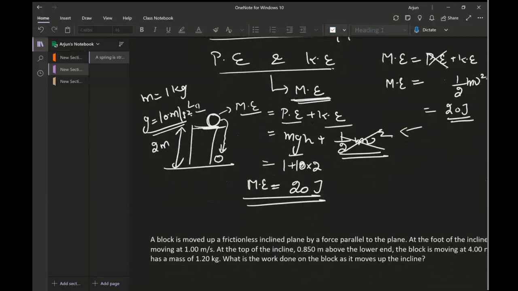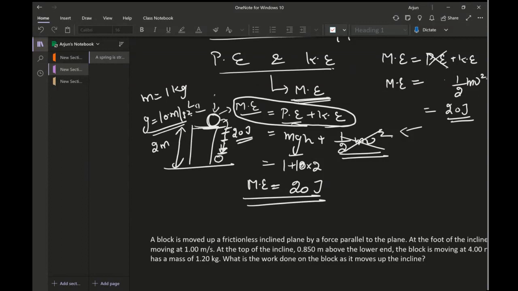If I wanted to know the mechanical energy at the midpoint, and if there are no losses, then the mechanical energy will still stay at 20 joules. The basic idea I'm trying to convey is that mechanical energy is the sum of potential plus kinetic energy, and if there are no losses, the mechanical energy does not change throughout the process.